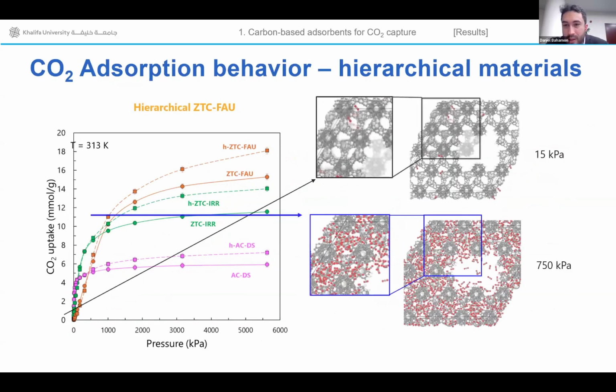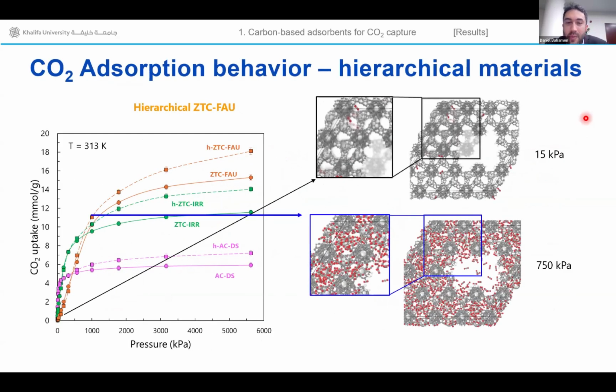And of course, the benefit of having these molecular simulations is that you can see how the molecules are located in the different pores, so you can get these snapshots. I'm showing here two examples for this structure, this faujasite. At the very beginning, at very low pressures, CO2 will prefer to be adsorbed in the very small pores, in these pockets.